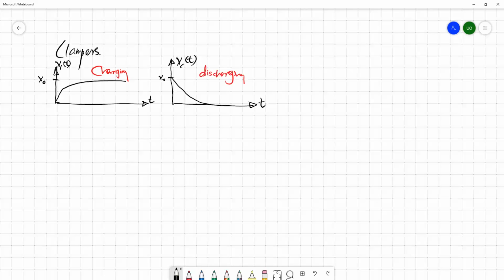For these two cases, we will discuss these concepts deeply in circuit analysis. So we define a parameter called tau, which is known as the time constant of the circuit.